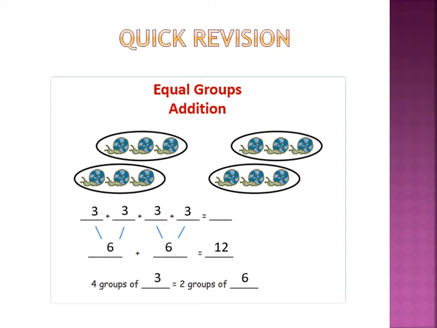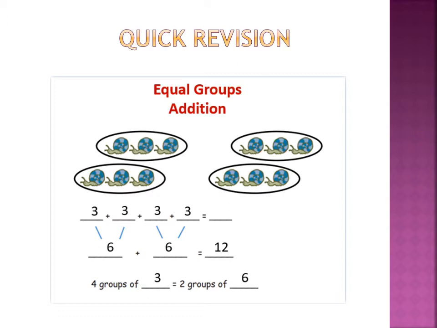How many snails are there in group 1? 3. How many snails are there in group 2? 3. So likewise we have added 3, 4 times because there are 4 different groups. Now we have shortened it to the addition part, which is 3 plus 3 is 6, again 3 plus 3 is 6.